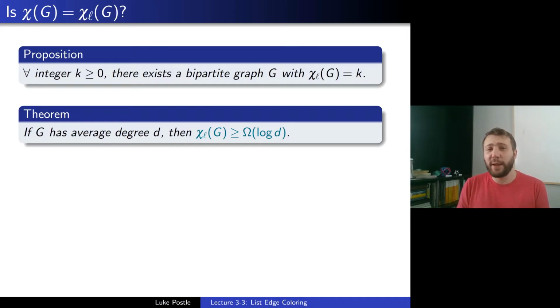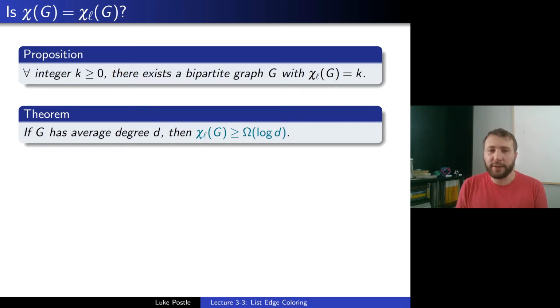So the list chromatic number grows with the average degree, which is very different from how coloring works, as bipartite graphs can have arbitrarily high average degree. Here the list chromatic number is tied to average degree, because it is upper bounded by some function of the average degree, namely the maximum average degree plus 1, but here it's lower bounded by the log of that. And it's not quite known what the right answers are there.